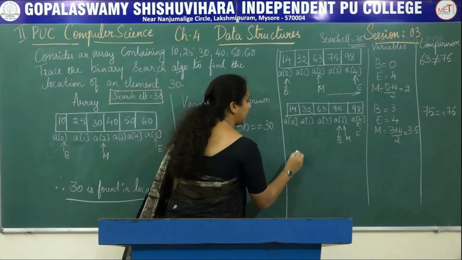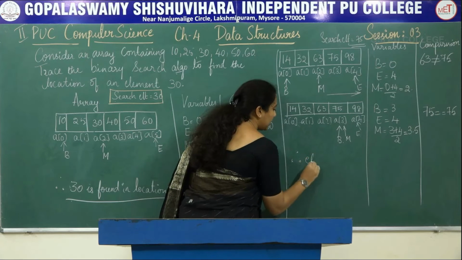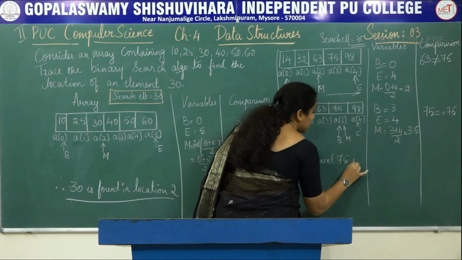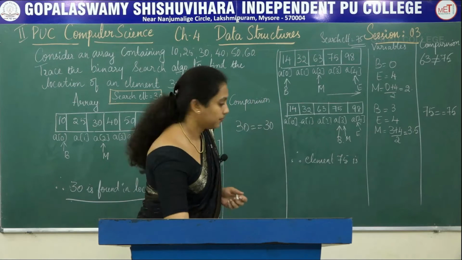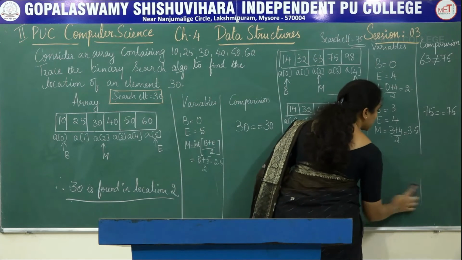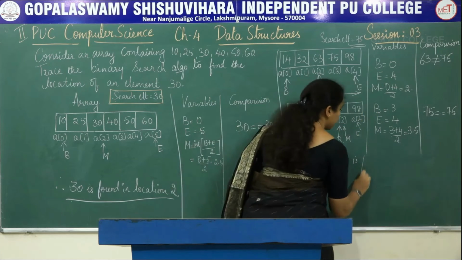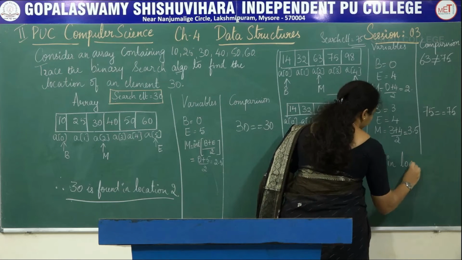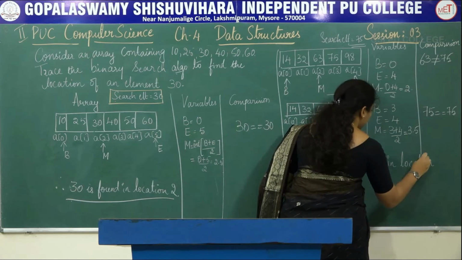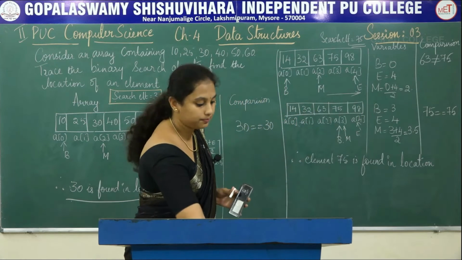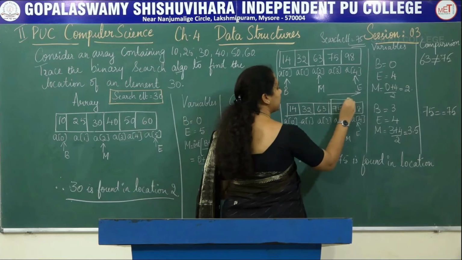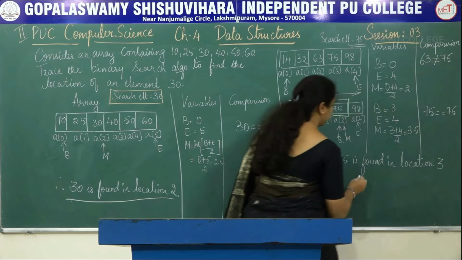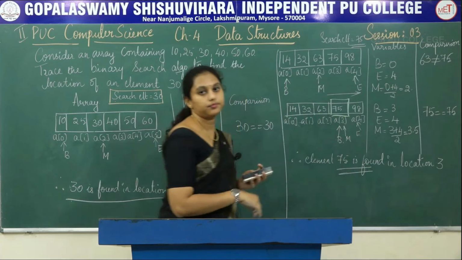Hence the element 75 is found in location 3. Understood?